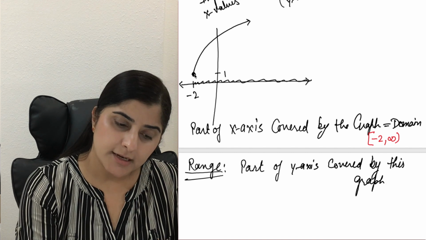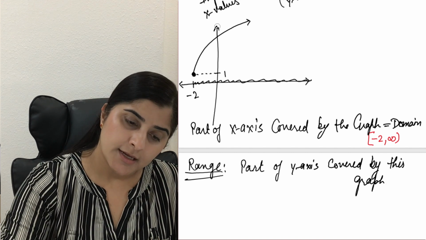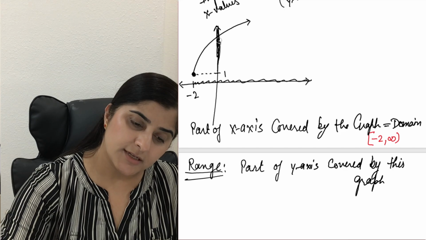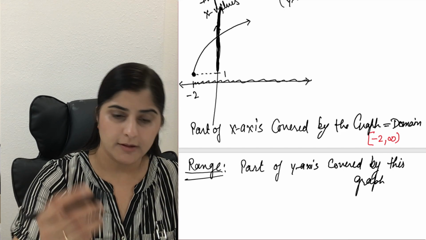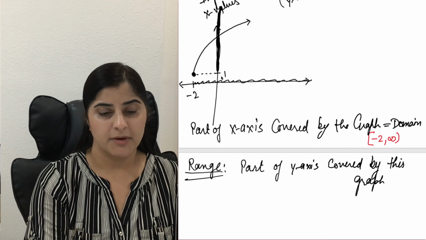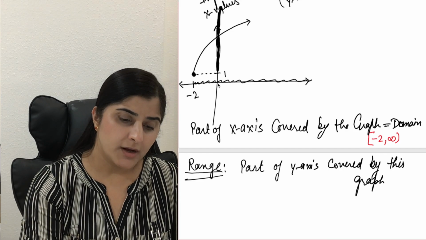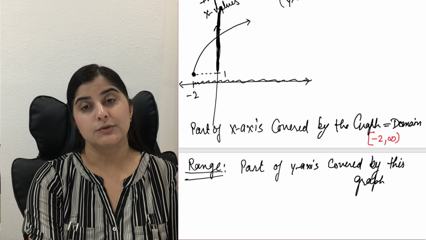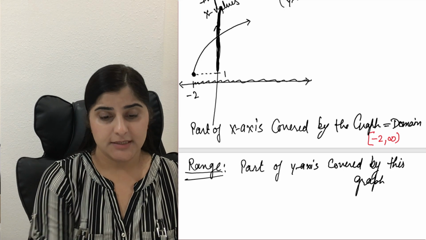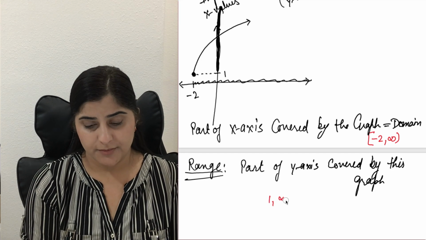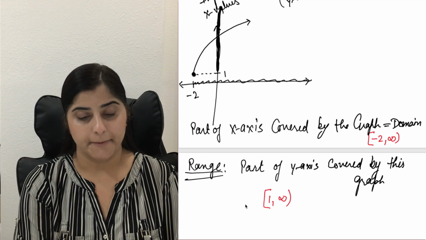If we look at this graph, you see that this much of the y-axis is covered by this graph all the way up. It will go all the way up because the curve is going up. But when it is below 1, 0 or negative y values, those are not covered by this curve. So the range of this graph is 1 to infinity, and 1 is included.